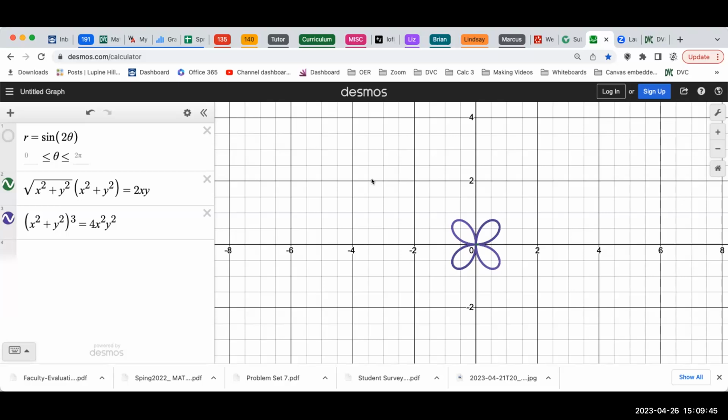Cosine squared. I'll just leave it like this, look. r squared cosine squared, r squared sine squared. I'll leave it like that, okay? So the r to the 6th, I can rewrite as r cubed squared, or r squared cubed. Right?